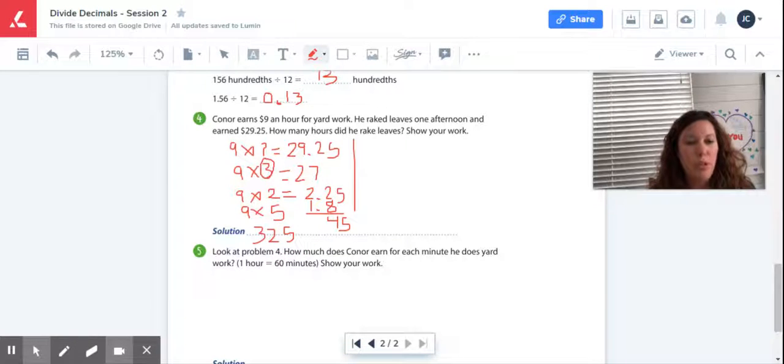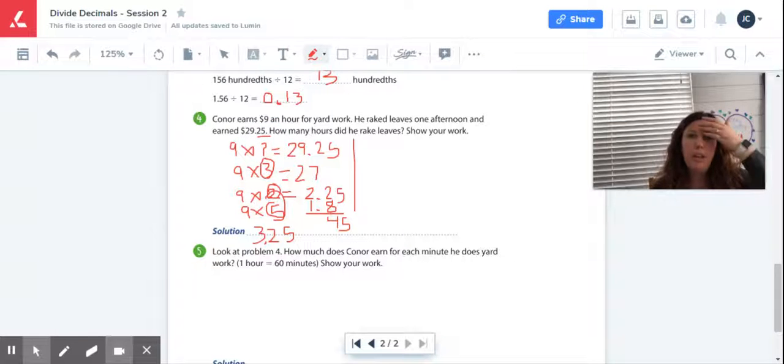And then we have 2 decimal spaces, so I'm thinking 3.25 is the answer. Let me put in a decimal point. 3.25 is the answer because we had the numbers 3, 2, and 5. And then we have 2 decimal spaces because there are 2 decimal spaces here.